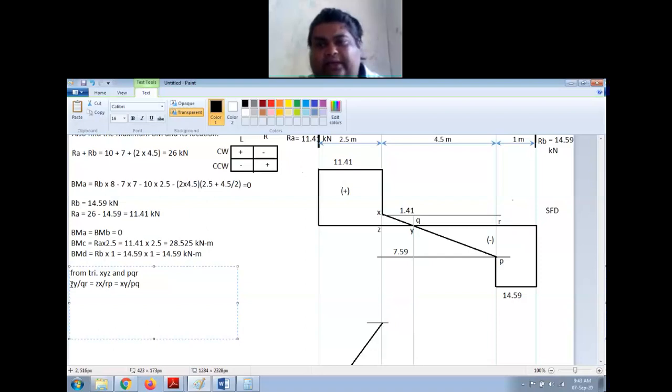Now amongst this, this inclined length I can find, but it is very complex. So I can skip this. I can eliminate this. This is easy to use, right? From this I need basically ZY, so I can easily find that, right?